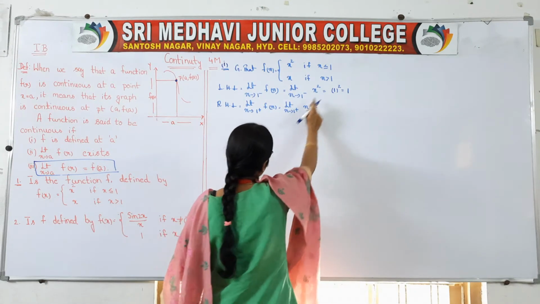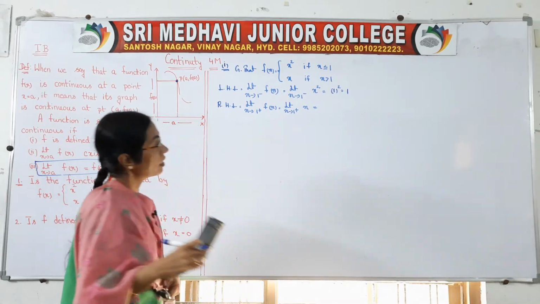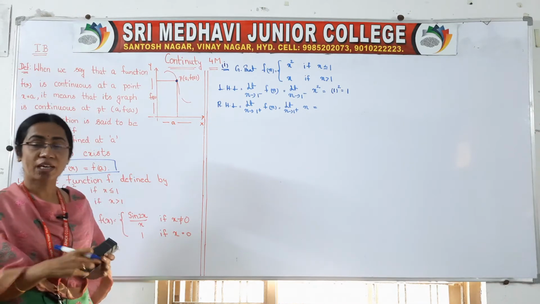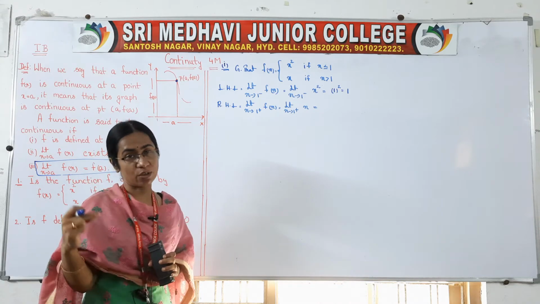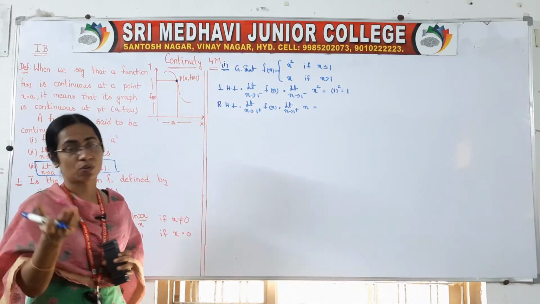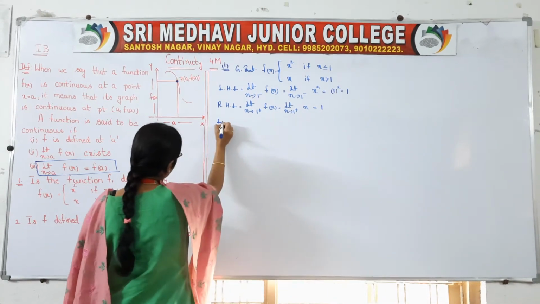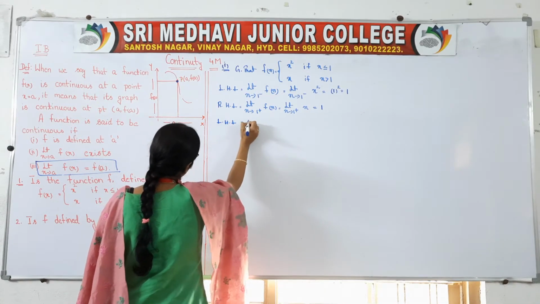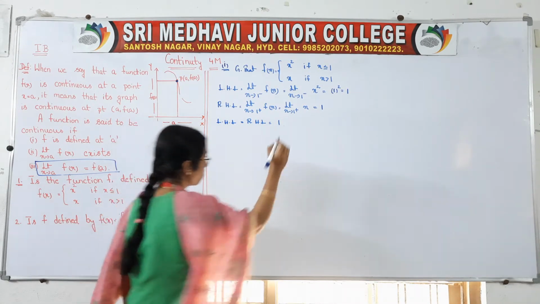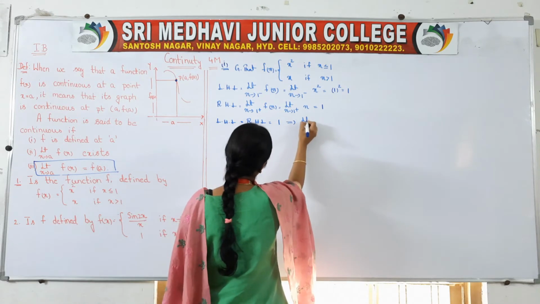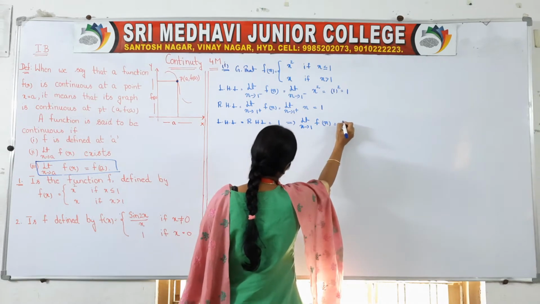Now you substitute your limit value. 1 plus means again the same thing, 1 plus a very minute value, so we can consider that as 1 only. So it is 1. Okay, so you got left hand limit is equal to right hand limit is equal to 1. Implies limit x tends to 1 f of x is equal to 1.